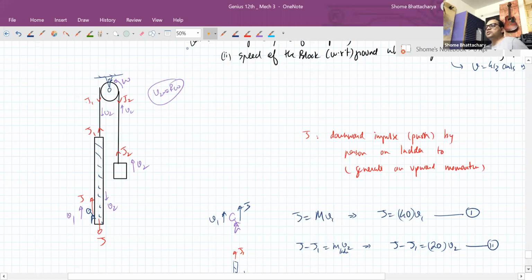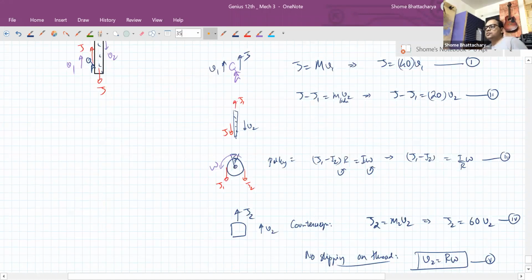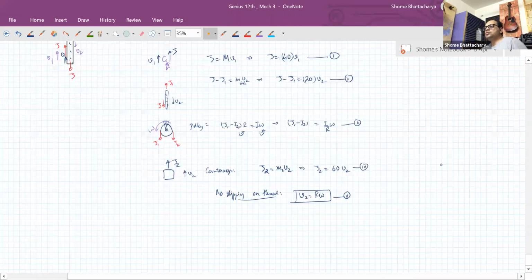Okay, so next, if we substitute all this in these equations, you can see that we can convert this equation to J1 minus J2 is equal to I by R square into V2.